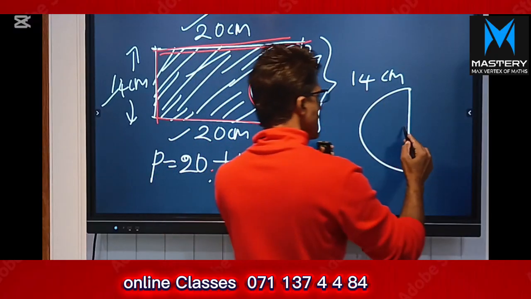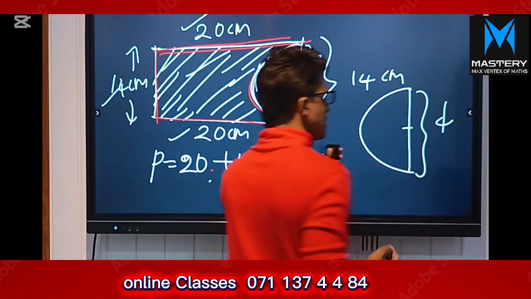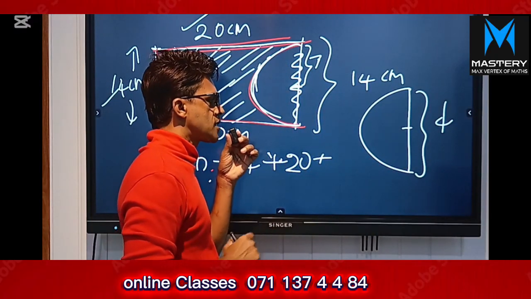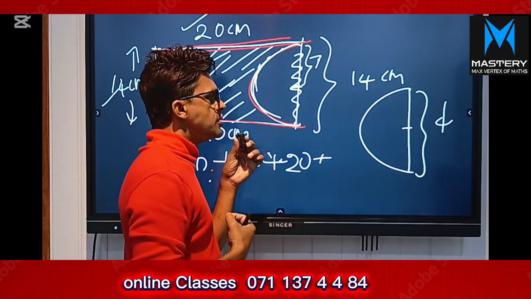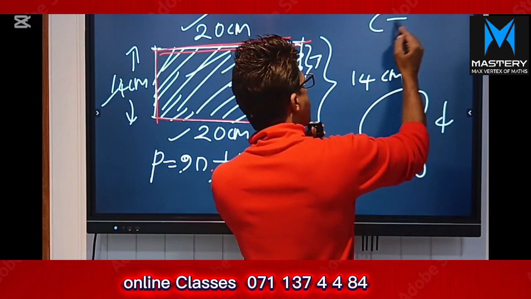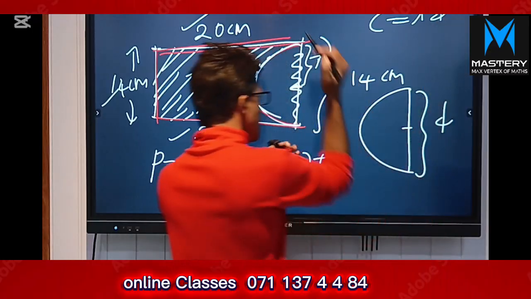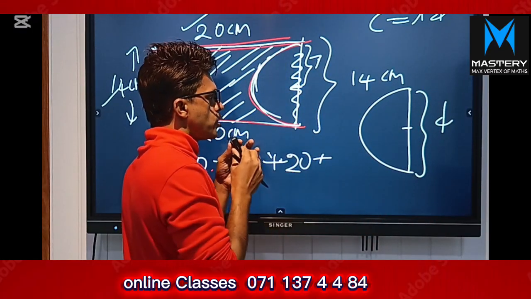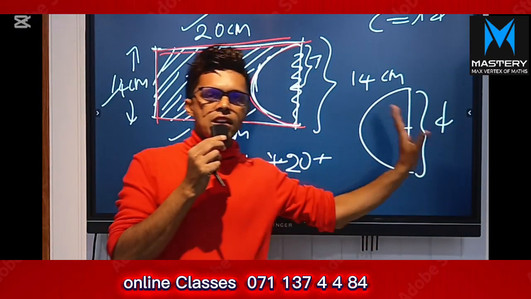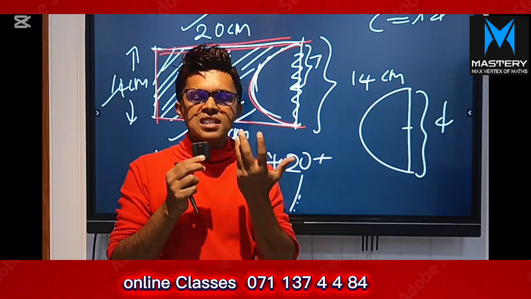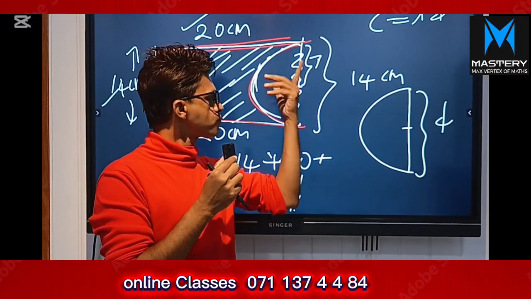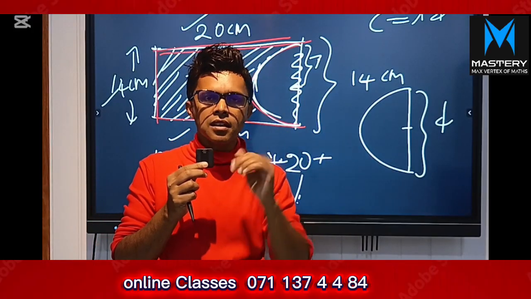But anyway, here the value of d is given. Few minutes ago I taught you that when you know the value of d, the formula c equals pi d can be applied. Therefore here also you know the value of d, so c equals pi d can be used. But don't forget that here is a semicircle.